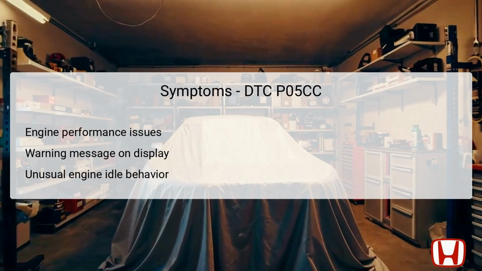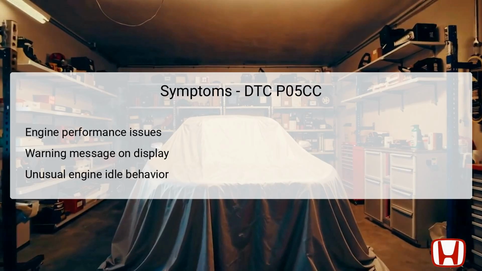When dealing with a DTC P05CC issue, several symptoms may arise. Firstly, drivers may notice overall engine performance degradation, resulting in reduced power during acceleration or erratic operation while driving. This behavior can be attributed to the malfunction of the variable timing control system.